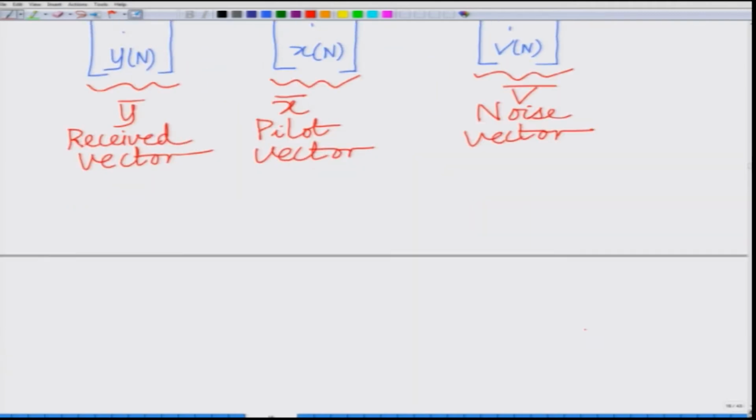Therefore, y bar equals x bar times h plus v bar, and h is the unknown channel coefficient. The vectors y bar, x bar and v bar are of size n cross 1. This is our model for channel estimation.